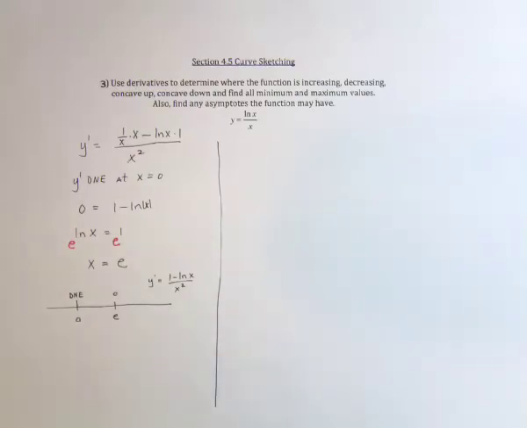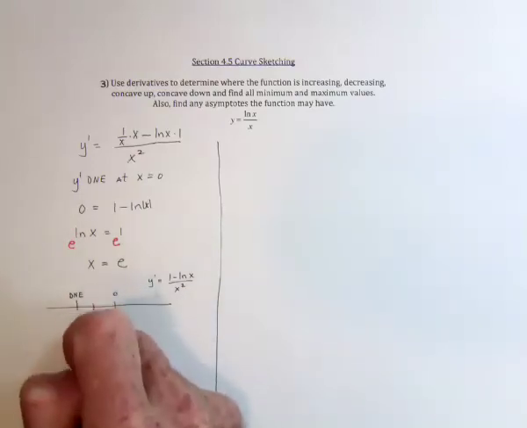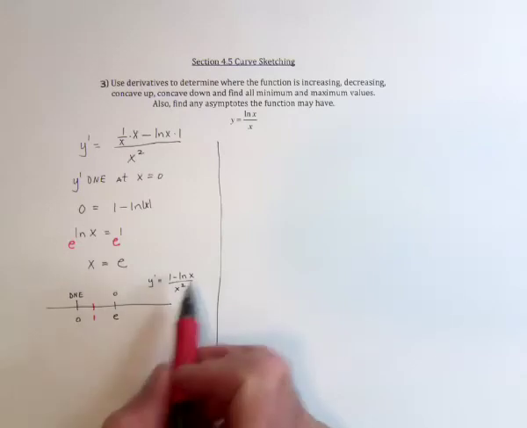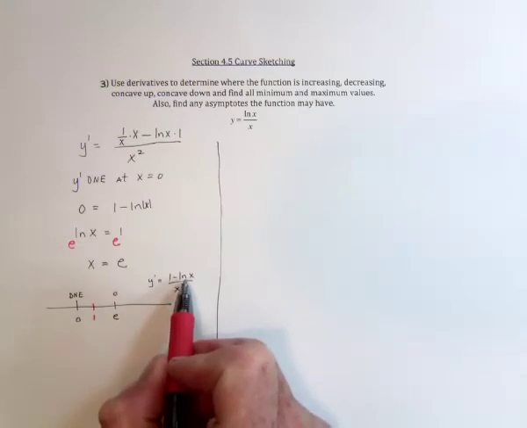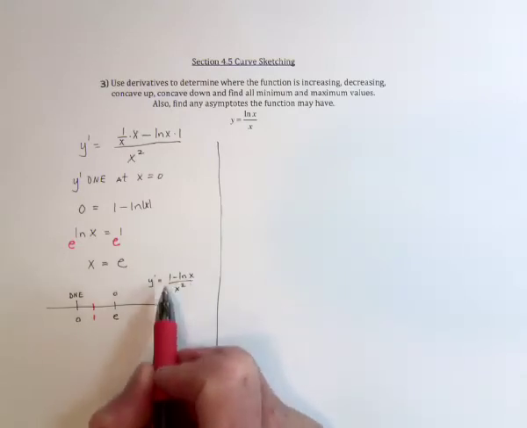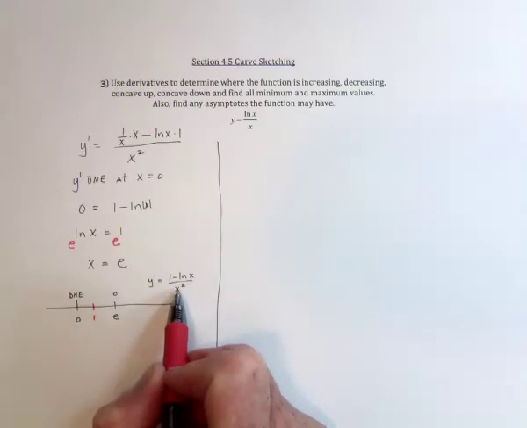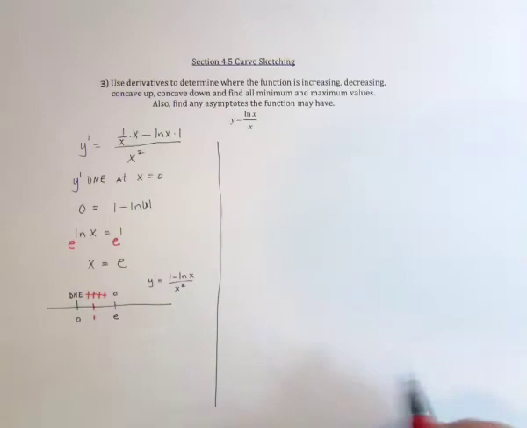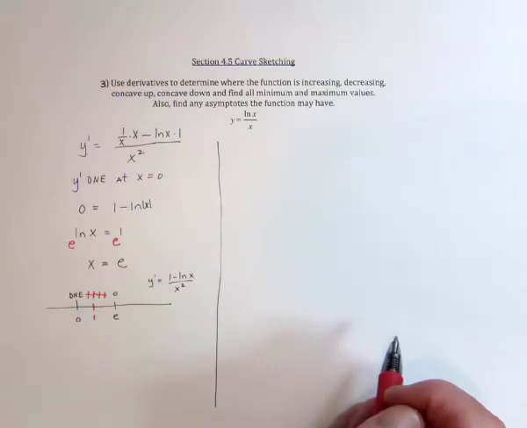So pick a number that's in this interval, something easy like 1 would be nice, and substitute that into the function. So we'd have, well, the natural log of 1 is 0, so we just have 1 divided by 1 squared is 1, so that's positive. So it seems that the function is going up in that region.